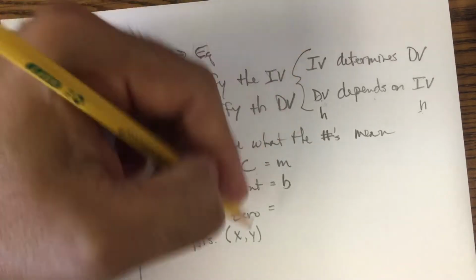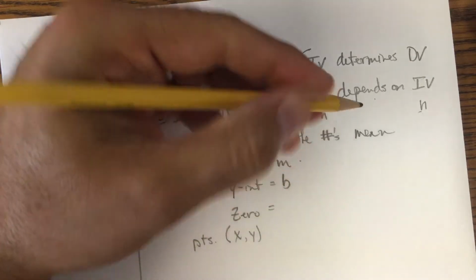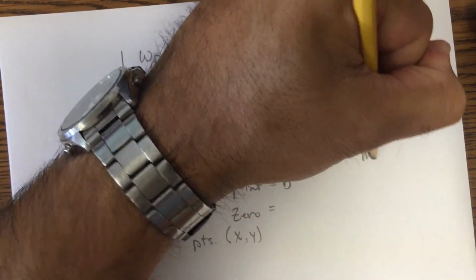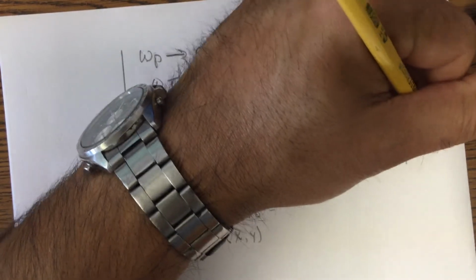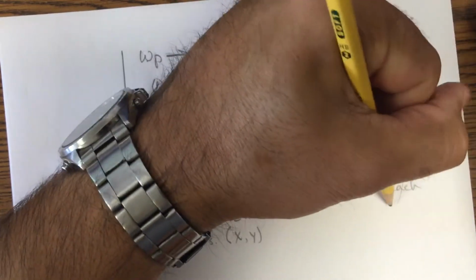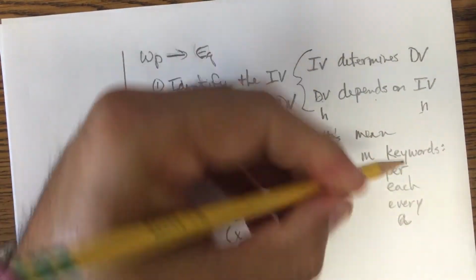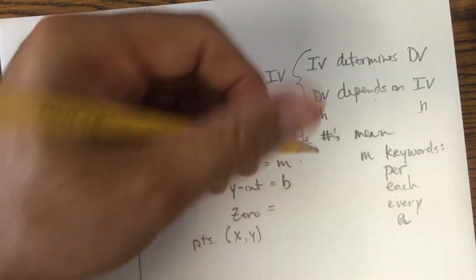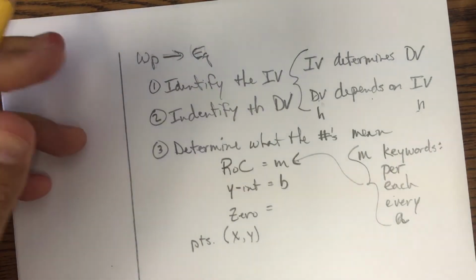Now let me give you some hints as to figure out what numbers are what. So right here for the slope, there are key words for m. Per, each, every, a. These keywords help you figure out m.